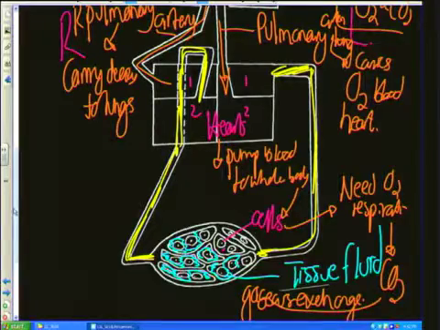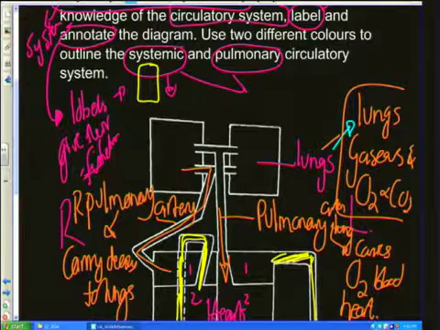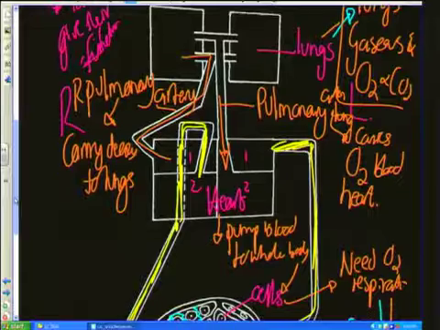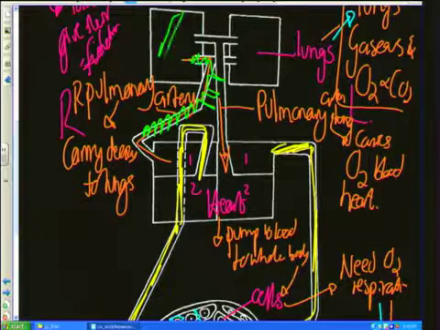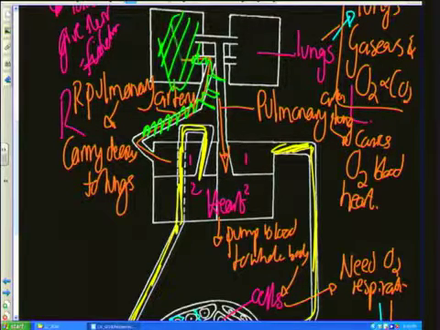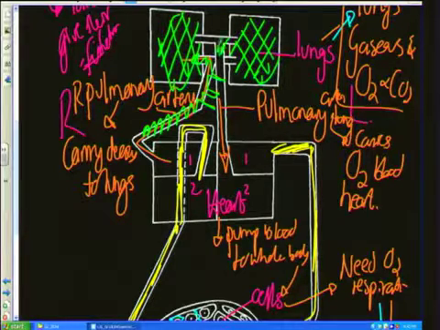My pulmonary is my lungs. There's my key. I use a different color. I can color that in green because where is it going? It's going to my lungs. And obviously the other side as well, because it's coming back.